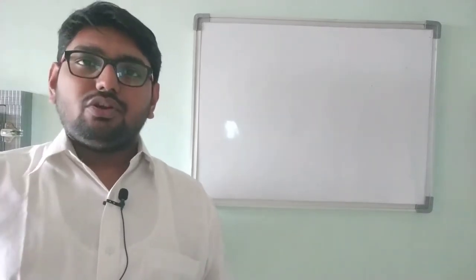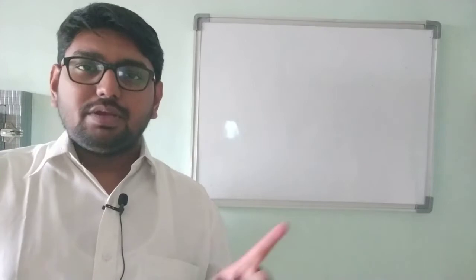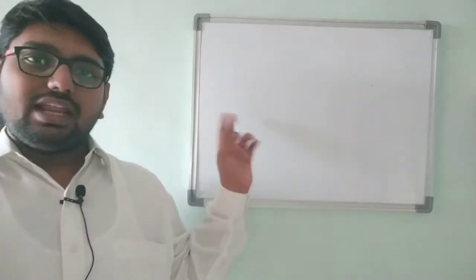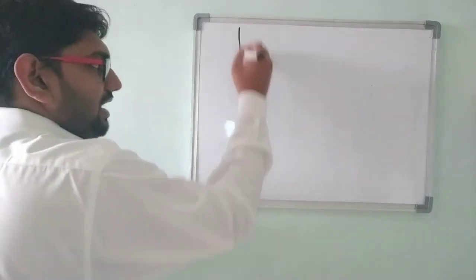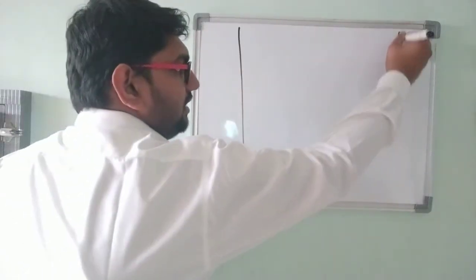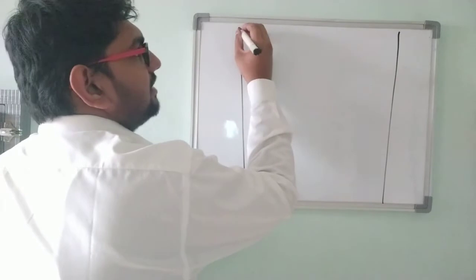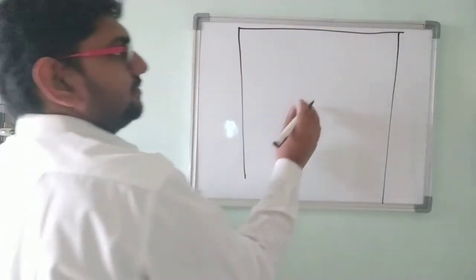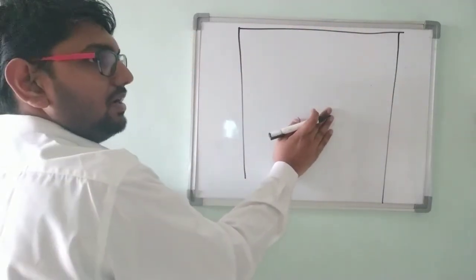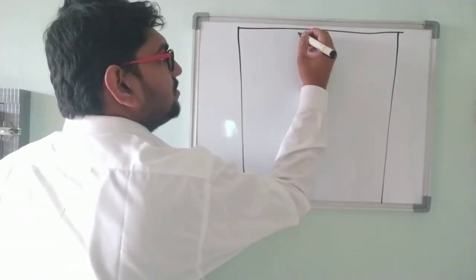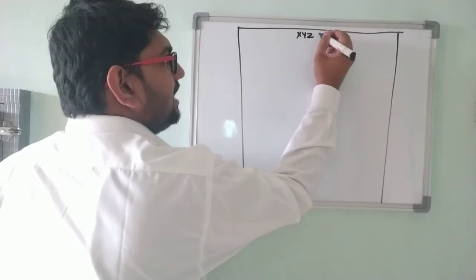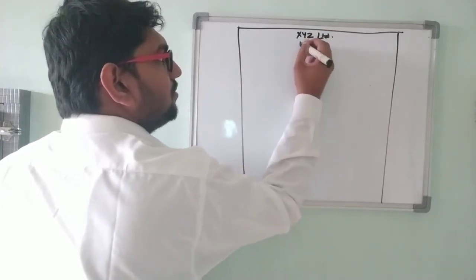So let us see how to draw a credit note. In order to draw a credit note, the first step is always to draw the three lines of a source document. So I will draw the left line, the right line and the top line. Then my next step is to write the name of the organization. So let us assume XYZ Limited, Mumbai.